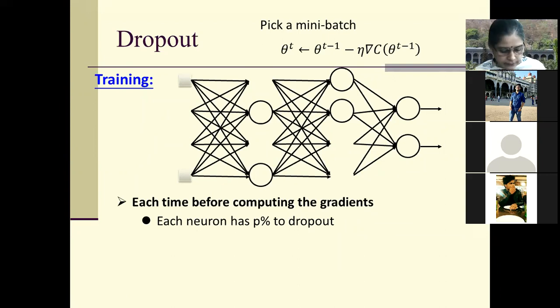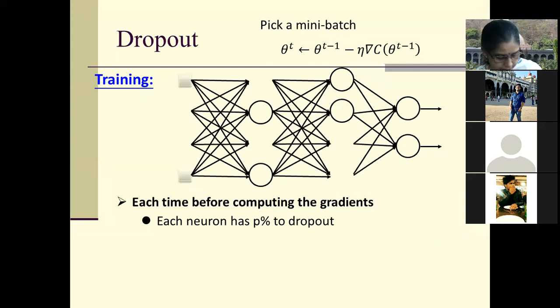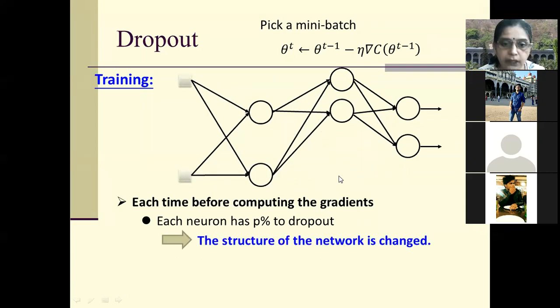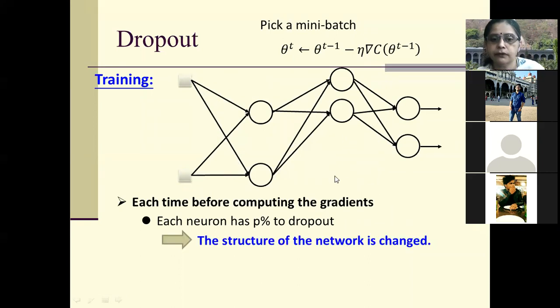Then for the next instance, we are dropping some different nodes. For this instance, we have dropped these two nodes and these two nodes. Effectively, your network will look something like this because we are not considering the incoming and outgoing connections from these dropped nodes. So effectively, your network architecture will be as shown here.